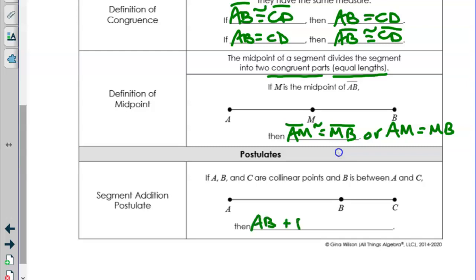AB plus BC. What does it equal? AB plus BC equals AC. Very good. And you're going to have to state the segment addition postulate in these proofs. So AB plus BC equals AC.